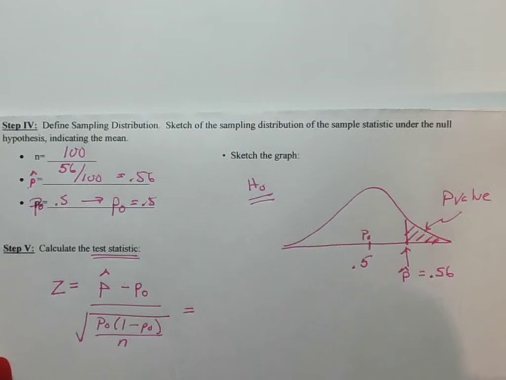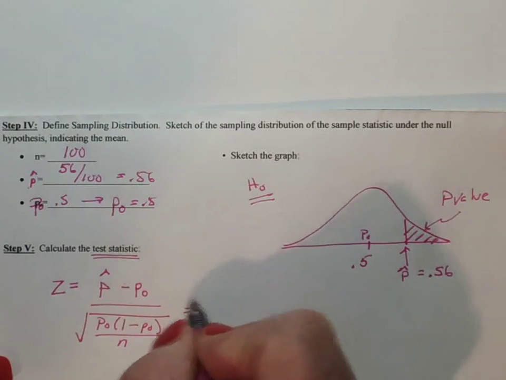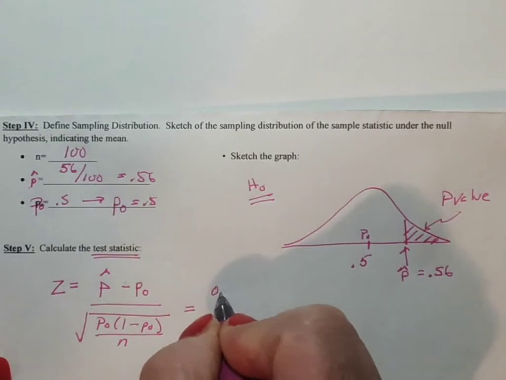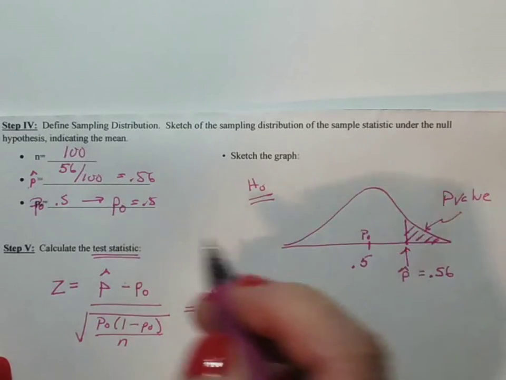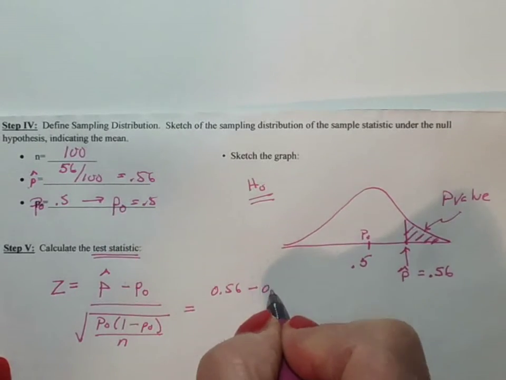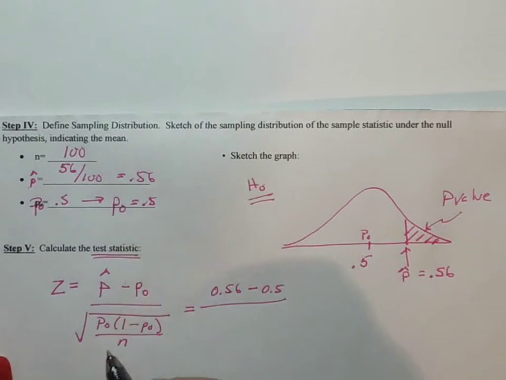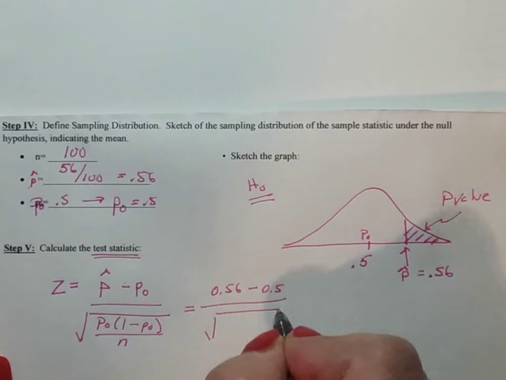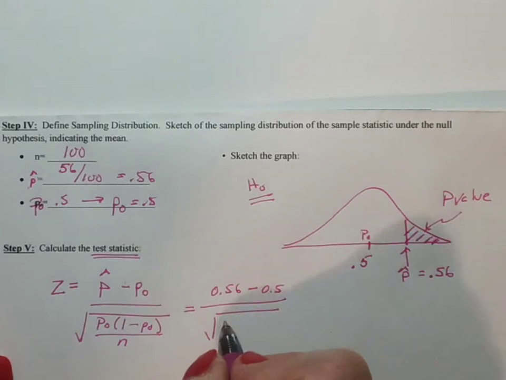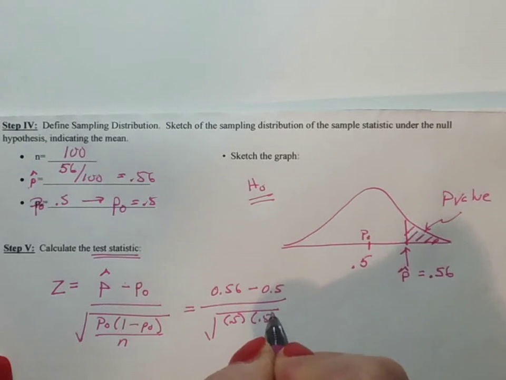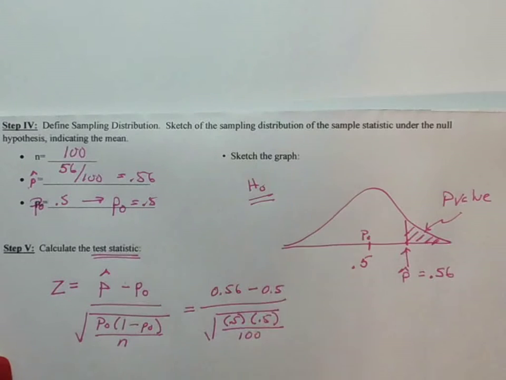But you will have a calculator to help you with doing the work. So the p hat is 0.56 minus p naught, which is 0.5. So this is in the denominator. It's going to be 0.5 times 0.5 over 100. And you can pause this video for a second and calculate that by hand so that you know how to do it.